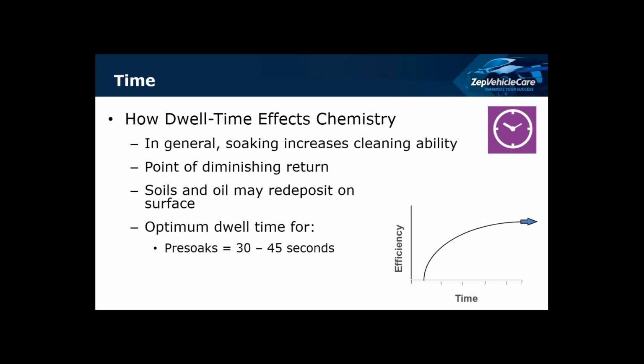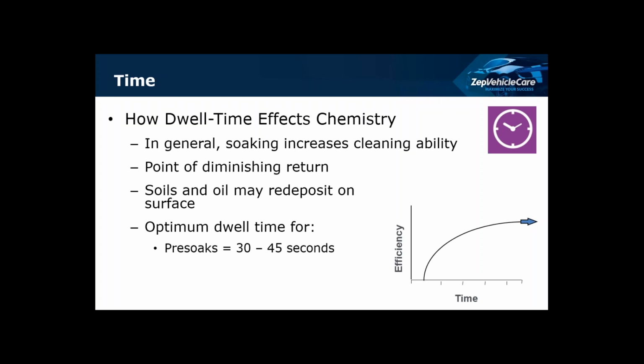We like to say the optimum dwell time in general is going to be no more than 30 to 45 seconds. It's going to differ in a conveyorized wash over an in-bay automatic wash, or even a self-serve where a person is doing it themselves, where the contact time can be even longer than 30 to 45 seconds.